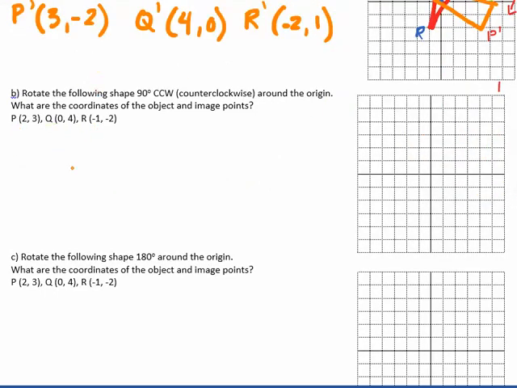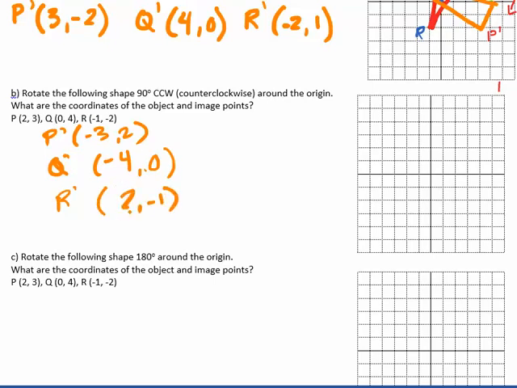Great, so after you've tried it, so now let's go over the answers. So for letter B, we have the answers, P prime is -3, 2. Q prime is -4, 0. And R prime is 2, -1.